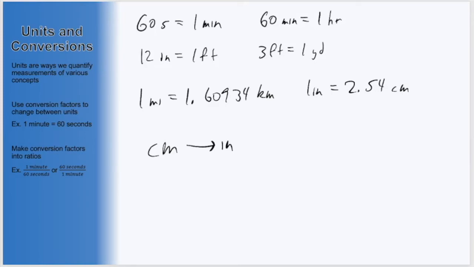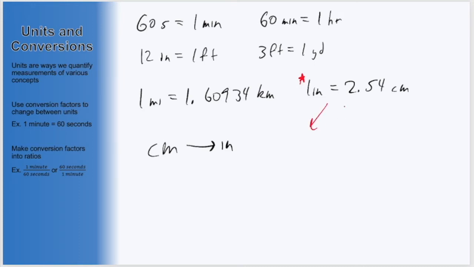The process of converting units makes use of ratios. Any conversion factor we will be needing will be turned into a ratio. In this case, we need to move from centimeters to inches, so we want to use the conversion factor between those two units. In this case, 1 inch is equal to 2.54 centimeters.